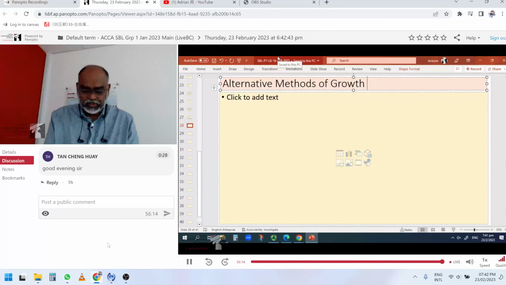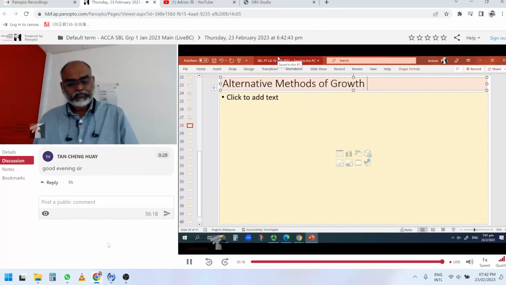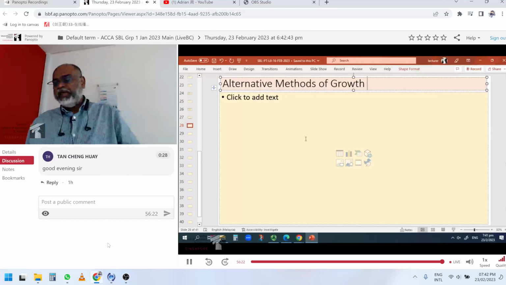So when you want to talk about alternative methods of growth, what do we need to do? For alternative methods of growth, there are 3 main methods.